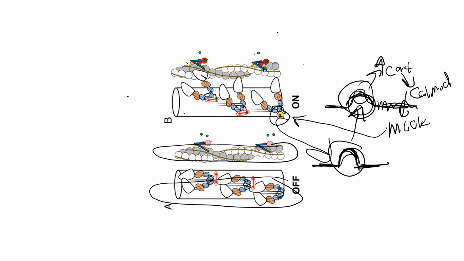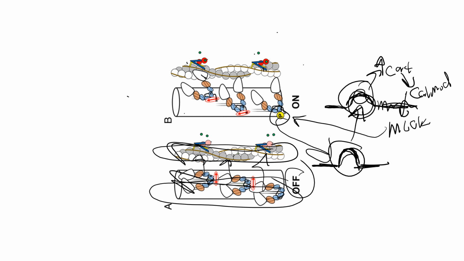You see where it says off position here? These myosin heads, you can see they're very much parallel to the actin filament. When they're parallel to the actin filament, what's implied is that the myosin heads have less of a likelihood or a tendency to actually bind actin.